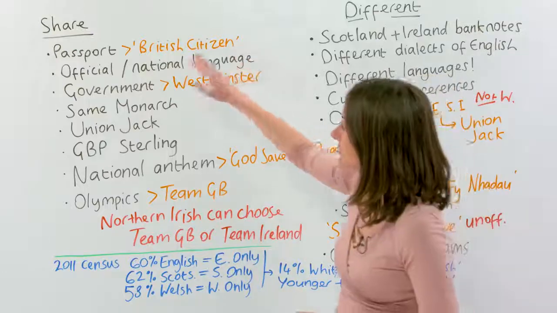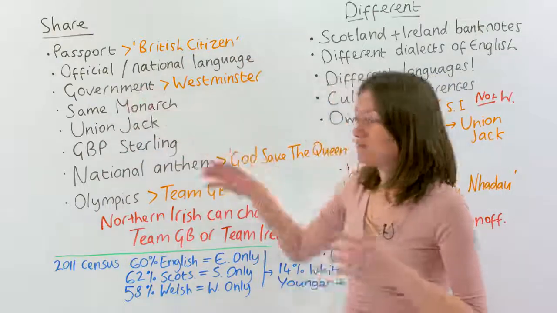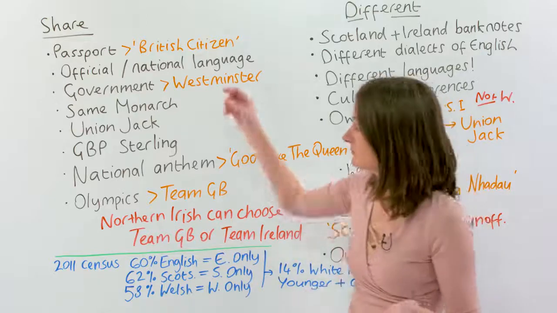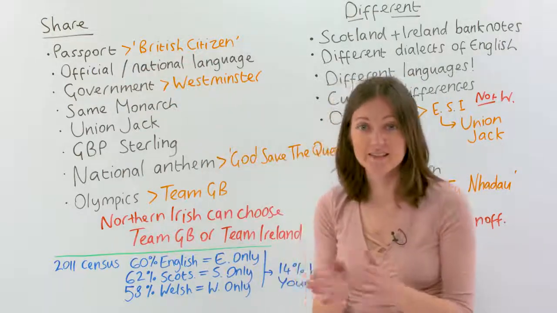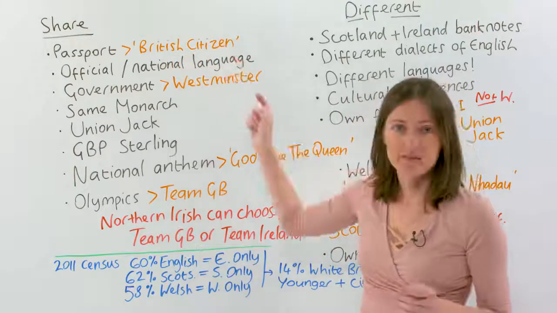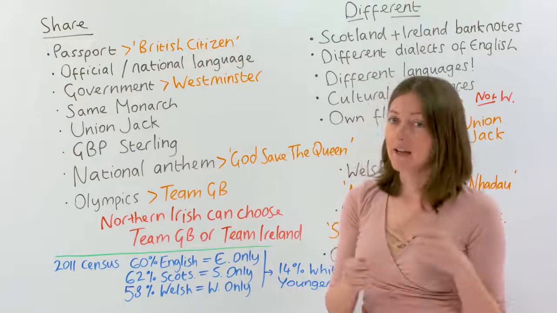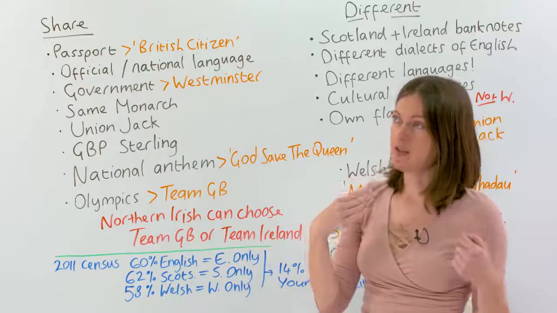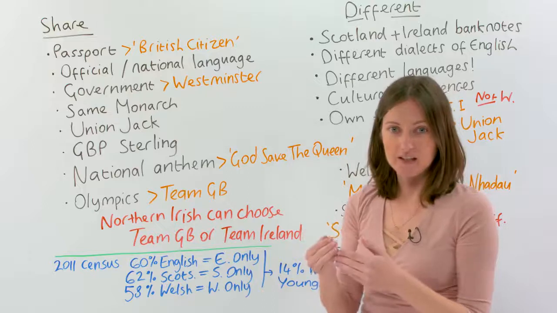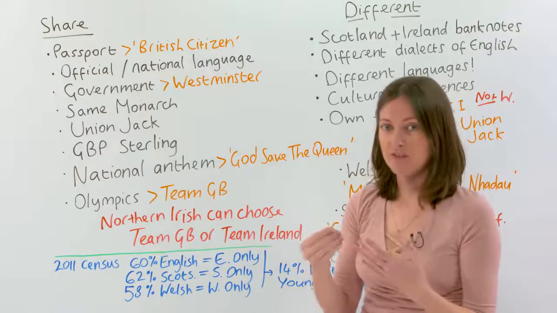So starting here, everybody born in one of the countries of the UK gets a passport that's exactly the same colour, and on the passport it says British citizen. Now, I'm English, and my passport is a burgundy colour and says British citizen.